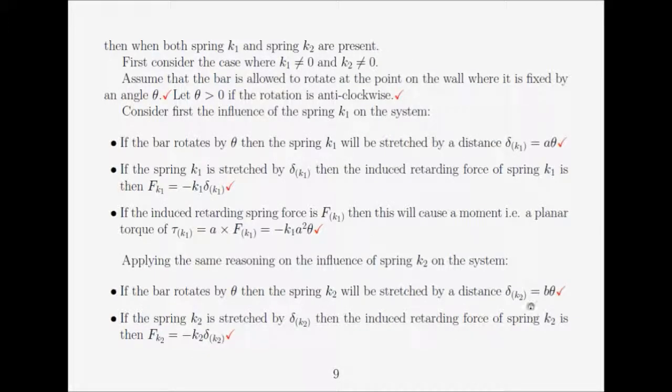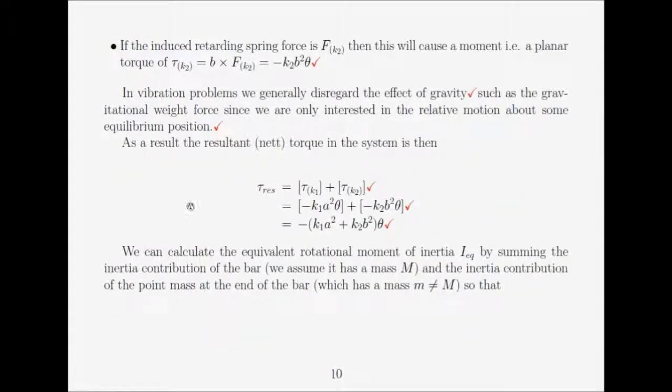Exactly the same reasoning: the deflection of the spring is the radius arm times the angle. The retarding force is minus the spring constant times the deflection. Follow through, we get an answer exactly as it is over there.